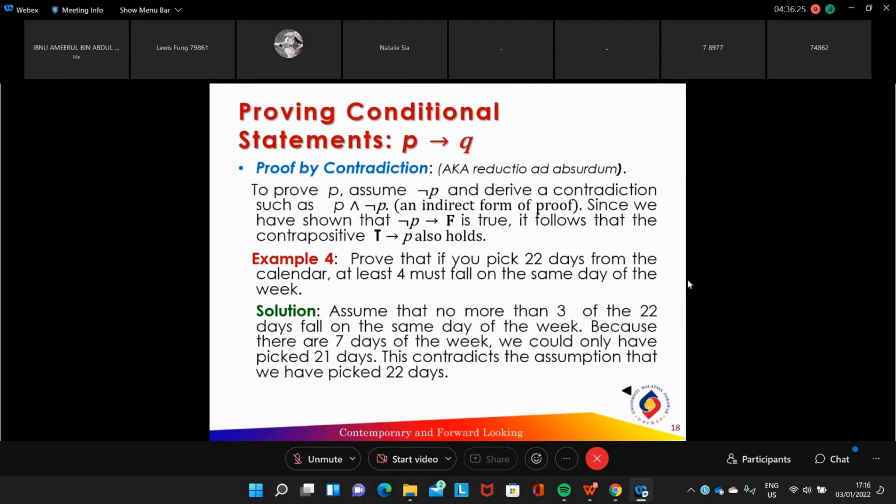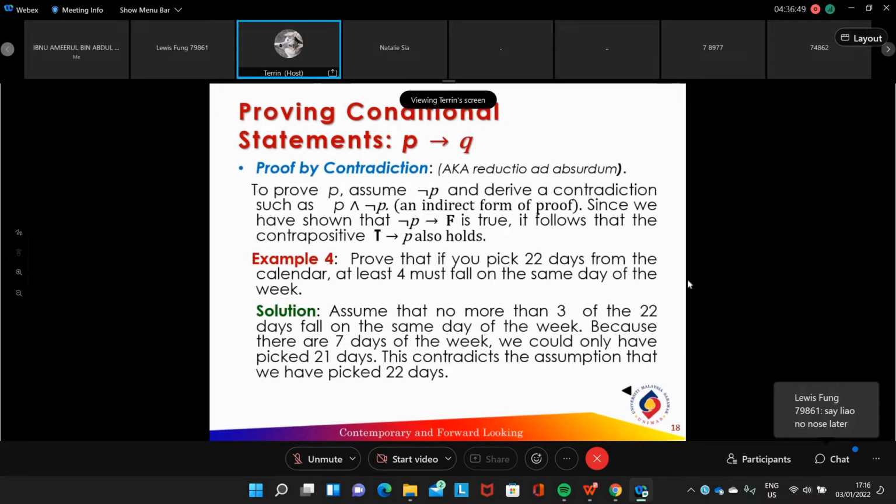So now, proof by contradiction. Now, this is where it becomes very interesting. It's also known as reductio ad absurdum. That means, in other words, you're trying to say that the opposite cannot happen, right? So to prove P, we assume negation of P, and then we derive a contradiction.